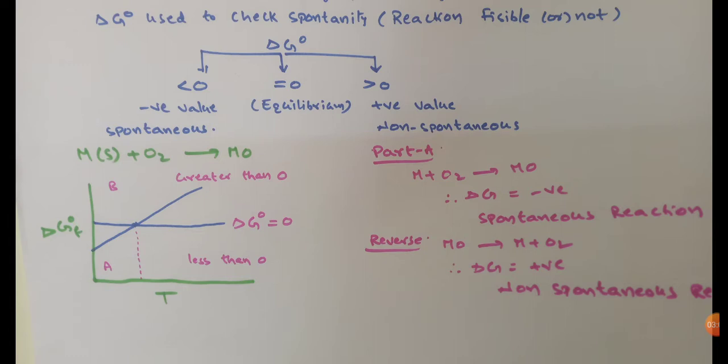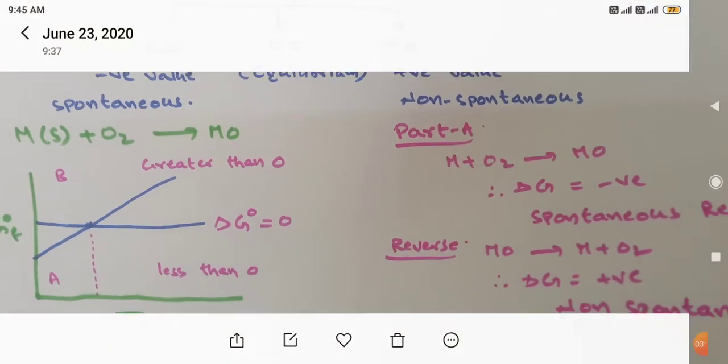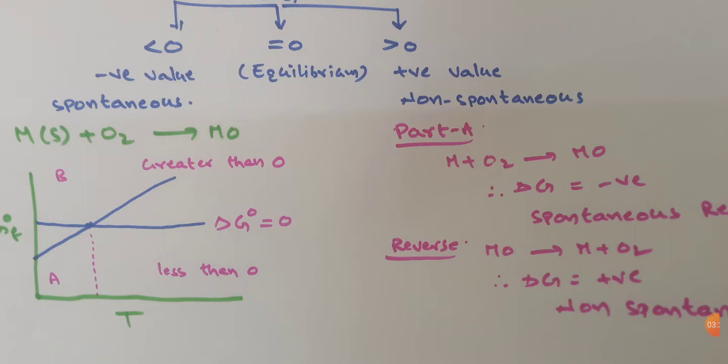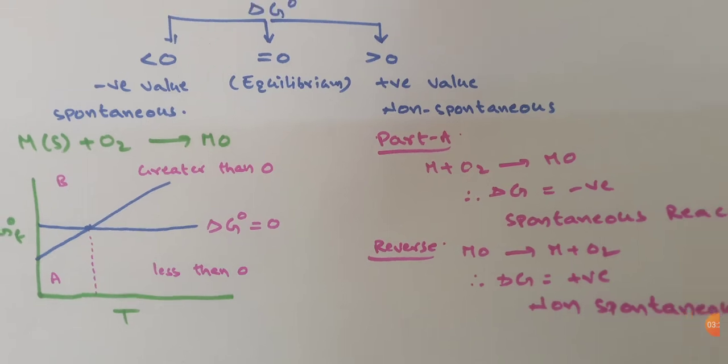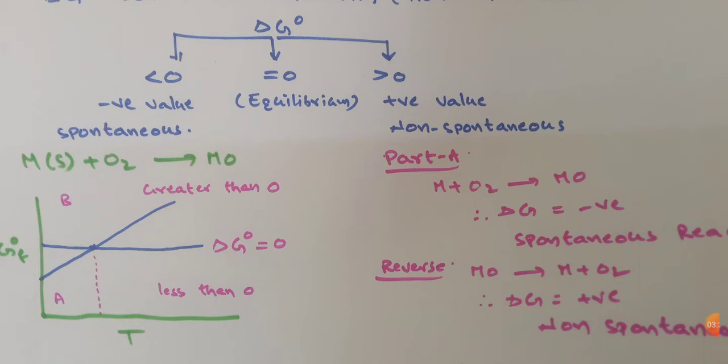The curve in the middle of the graph is delta G naught equal to 0. Below the delta G naught curve, this part is considered as part A, and above delta G naught equal to 0, this part is called part B. So there are three different parts in the Ellingham diagram: delta G naught equal to 0, part A, which is less than 0, and part B above it, which is greater than 0.